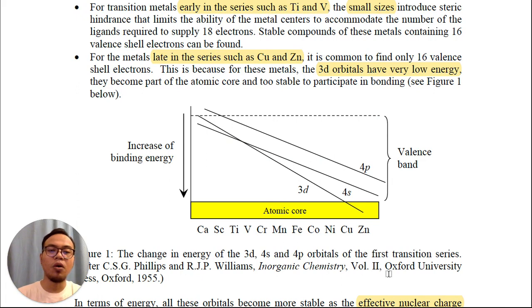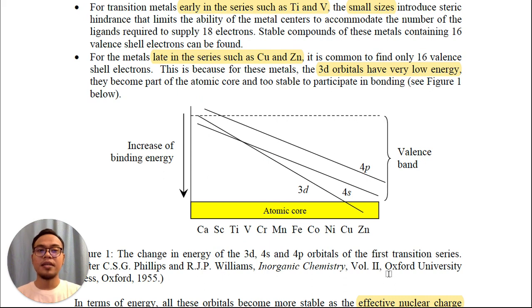So atomic core. So when your 3D orbital's energy is now in the atomic core, it's getting more stable and stable because the energy is going to be very, very low. They are not having high energy. So it is very difficult for the electrons to be participating in forming any bond.